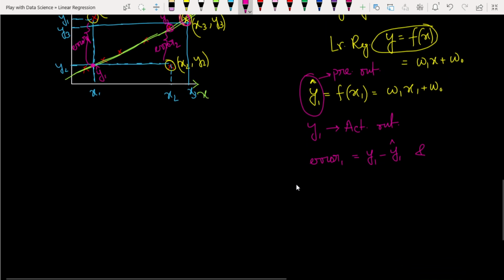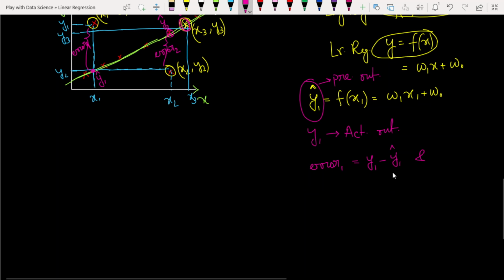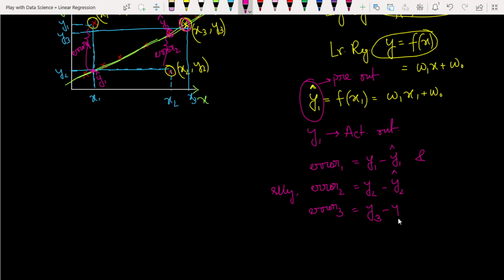So error 1 is this, and similarly we write symbolically: error 2 will be y2 minus y2 hat, and error 3 will be y3 minus y3 hat.